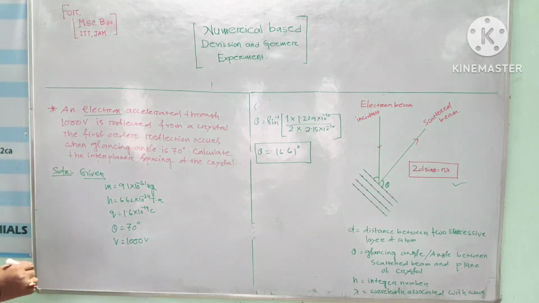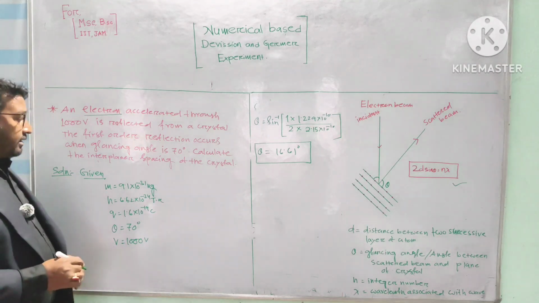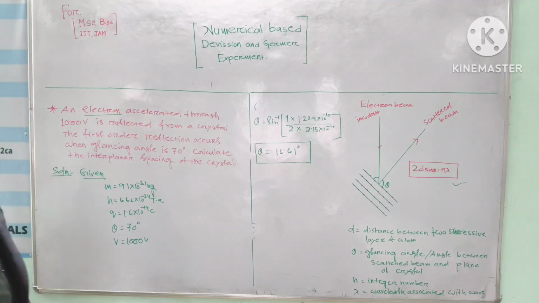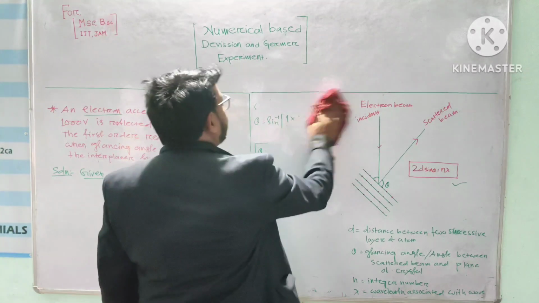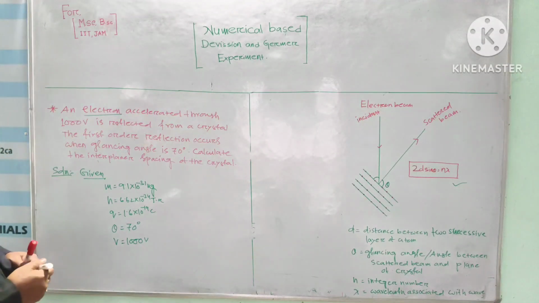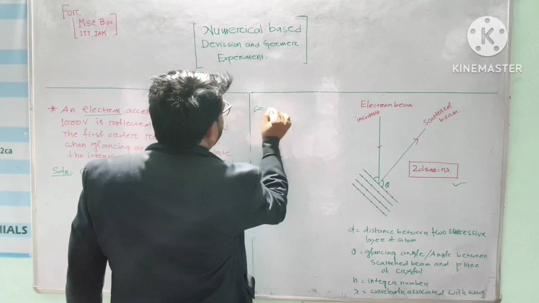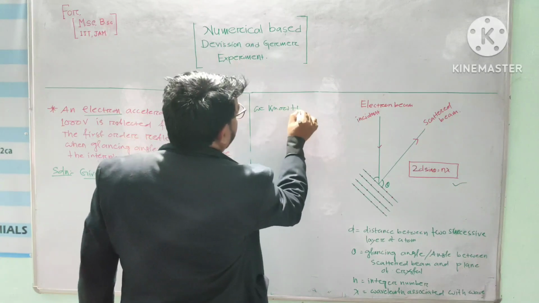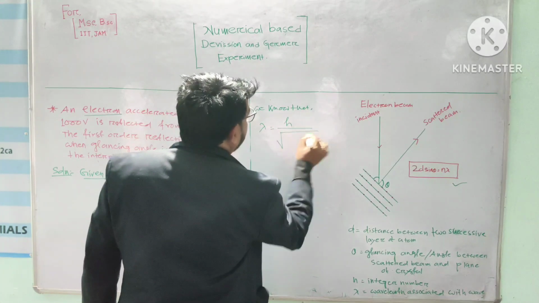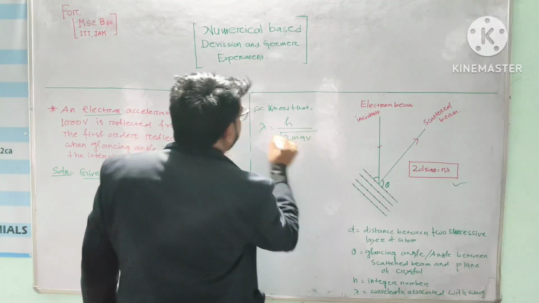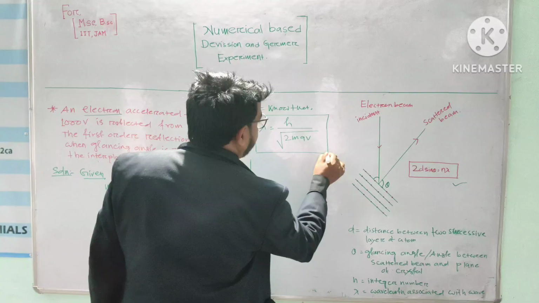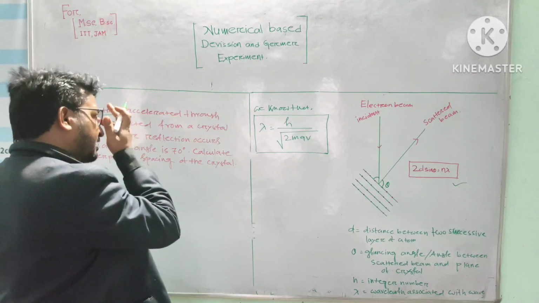Okay, first of all we are going to find out the wavelength of electron, and for that we can apply de Broglie wavelength in terms of potential difference of the particle. So we know that lambda equal h by under root of 2mqV. This is the expression of de Broglie wavelength for a charged particle like an electron.